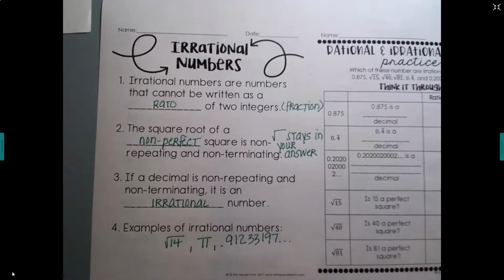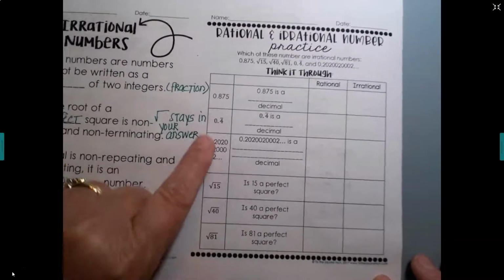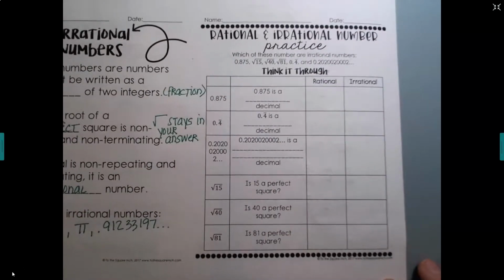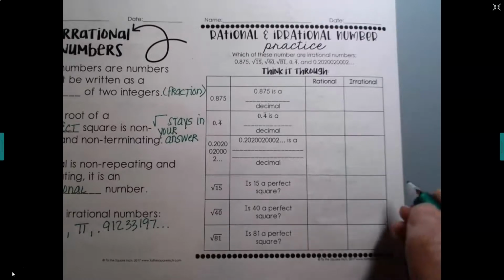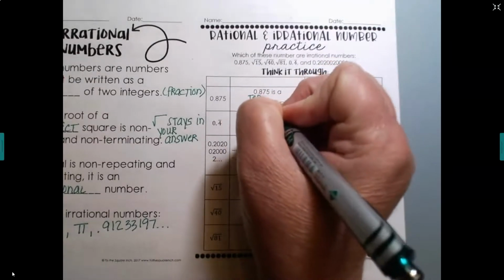Let's try just a couple of these. Maybe pause the video, take a look at these, give them a try, and then come back and check to see how you did. All right, so I have 0.875. 0.875 ends. That means it's a terminating decimal.